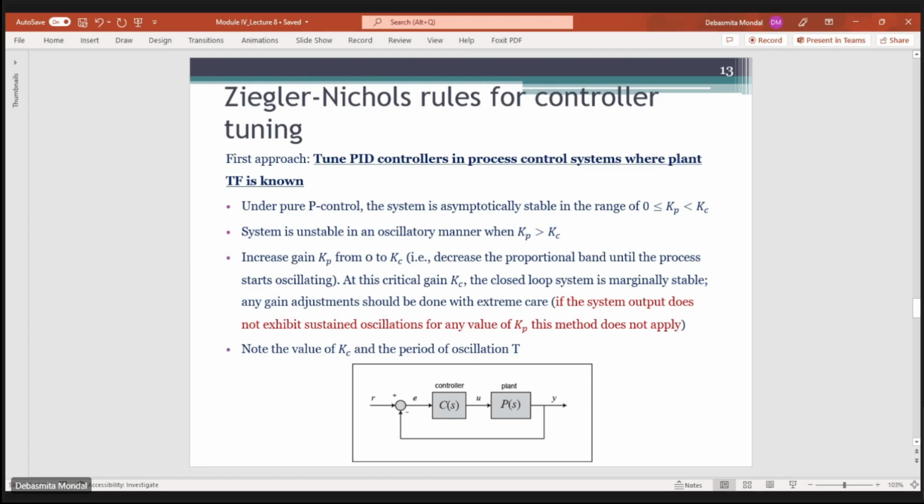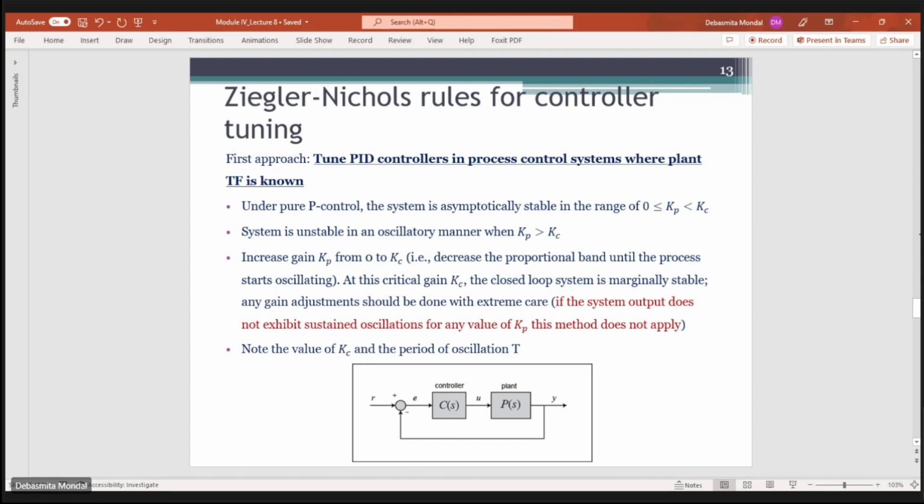Let us say the plant which you are trying to control has a transfer function that is known to you. The first approach is to tune the PID controller in the case where the plant transfer function is known.